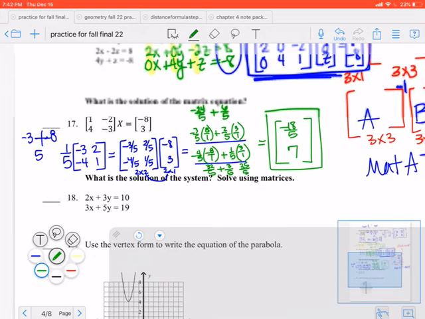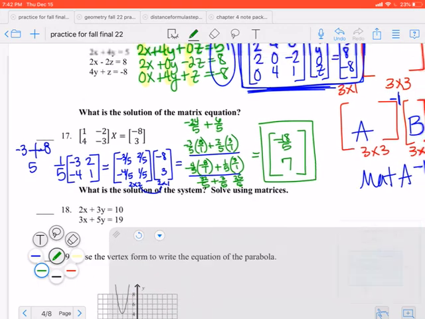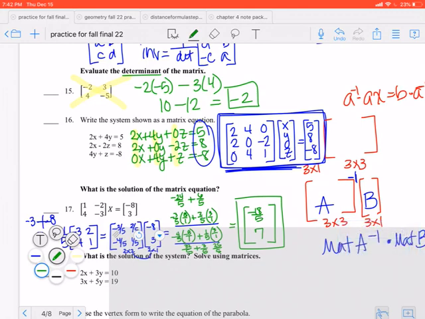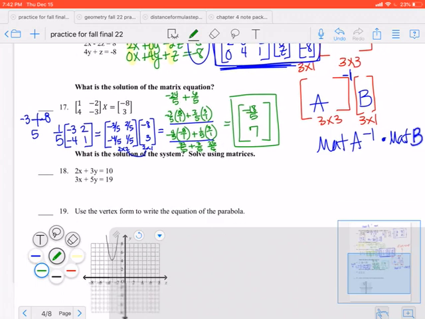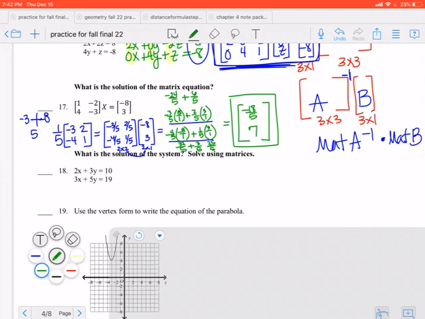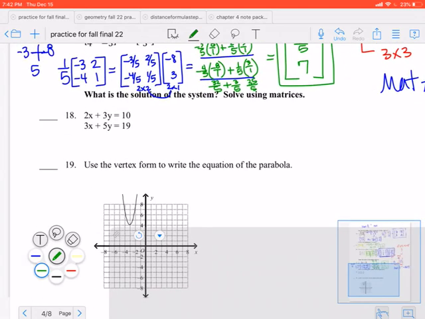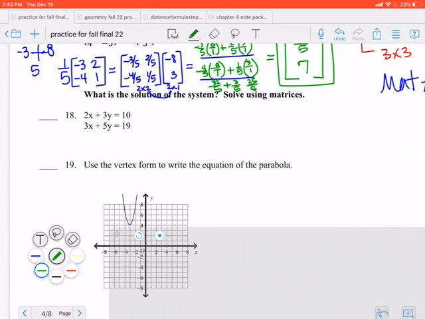For straight regular multiplication of matrices, it goes pretty fast and you get used to it, and it takes longer for me to type in all the matrices. It's faster to just multiply. But for something like this, it definitely seems much easier to use a calculator, which you're allowed to do on the final, so we're good.